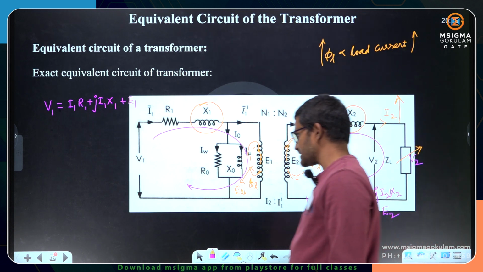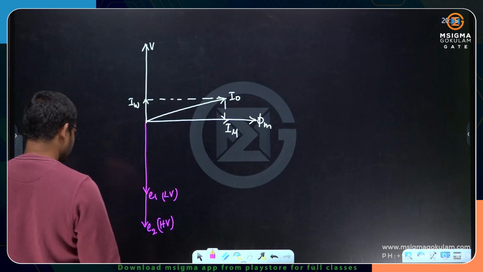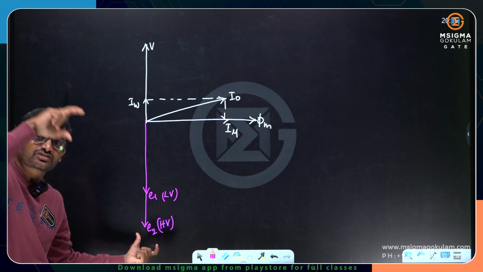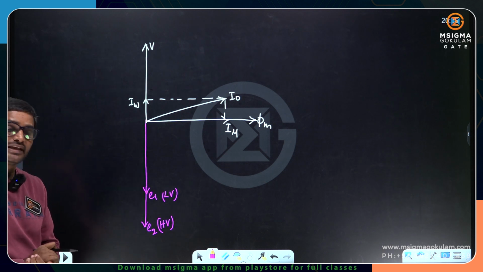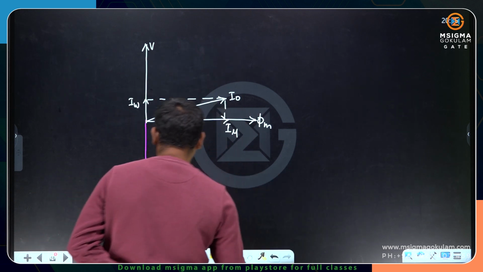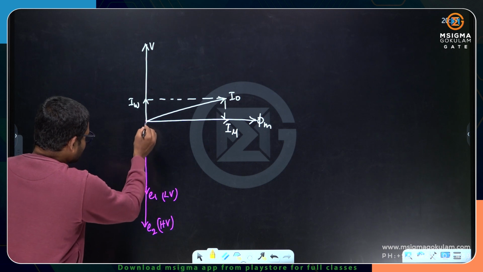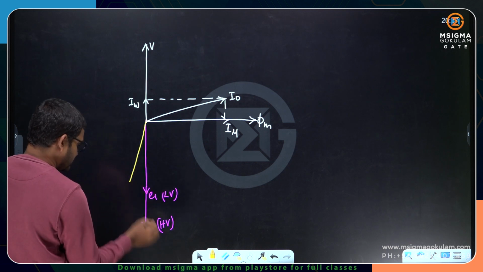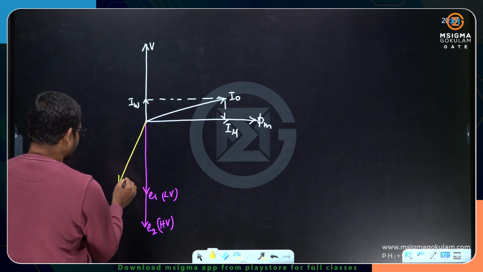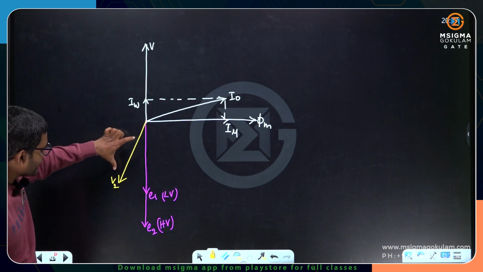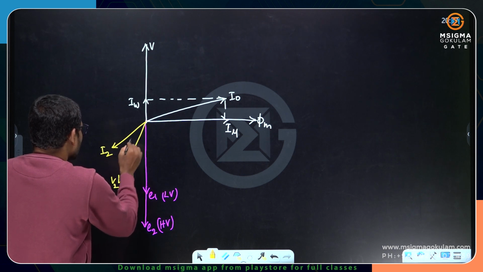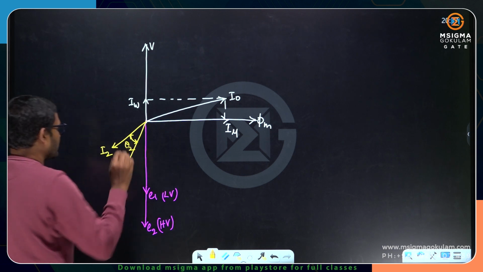Now if you draw the phasor diagram, this is the induced EMF. Terminal voltage plus drops will be equal to the induced EMF. Let me show you the terminal voltage here; the terminal voltage and the drops will be slightly deviated. Let me take this terminal voltage as V2. Where will be I2? I2 lags V2 by theta 2, the load power factor angle.